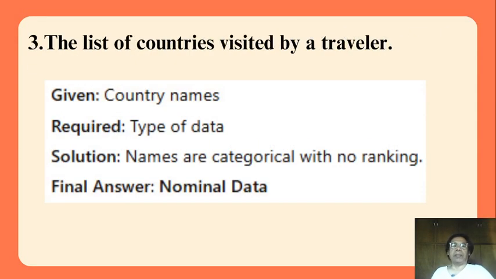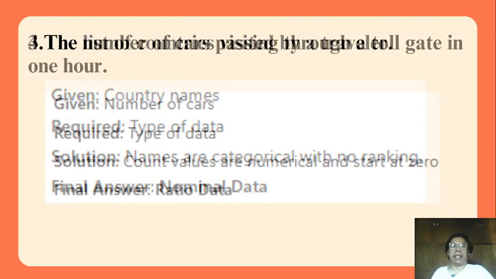Number 3, the list of countries visited by a traveler. So we're given the country names. So required type of data. Solution, names are categorical with no ranking. So the final answer, nominal data.